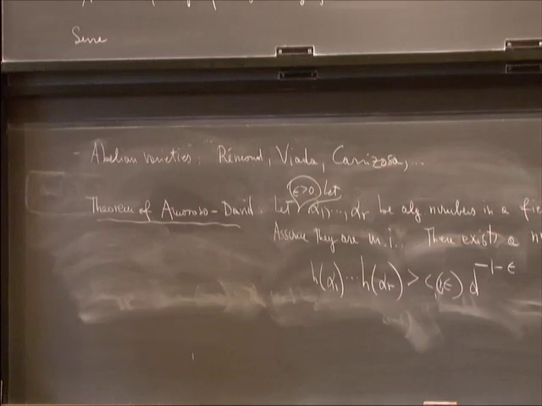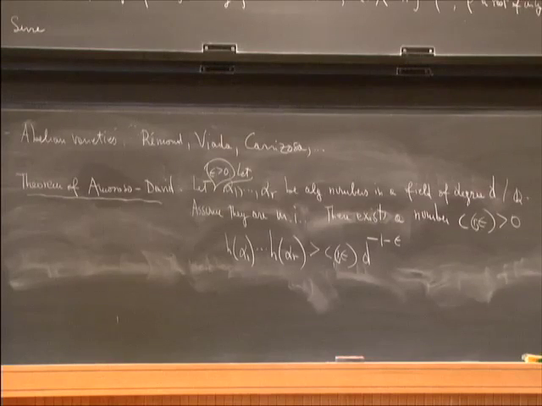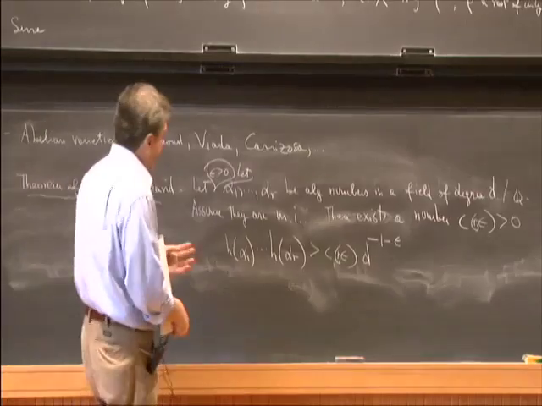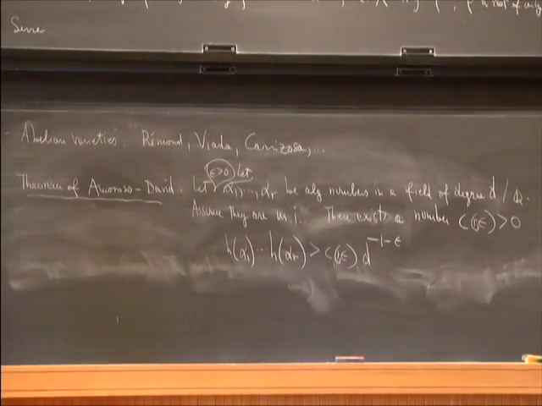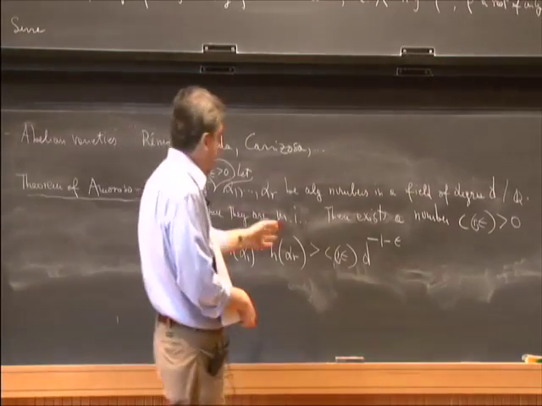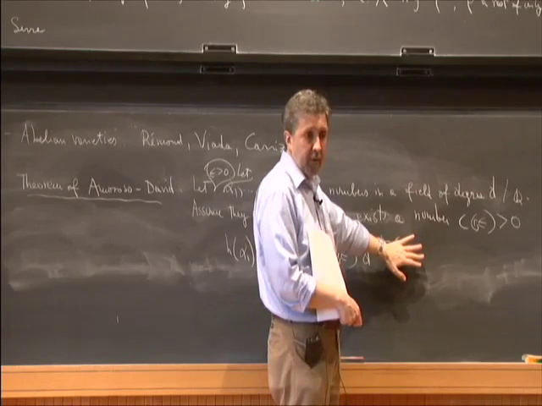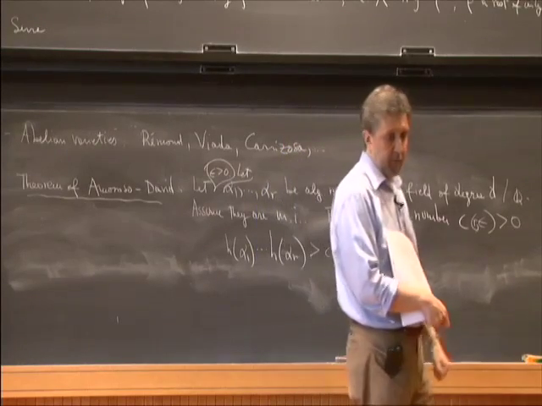For r equal 1 it is essentially due to Dobrowolski, and it was the nearest approach to Lehmer's conjecture, which in the case r equal 1 predicts that we can throw away the epsilon, so epsilon equal 0.